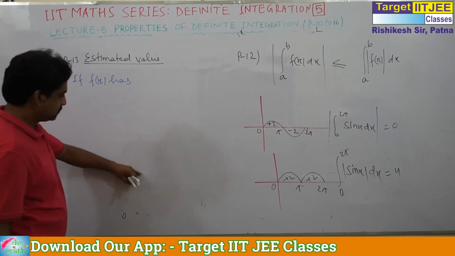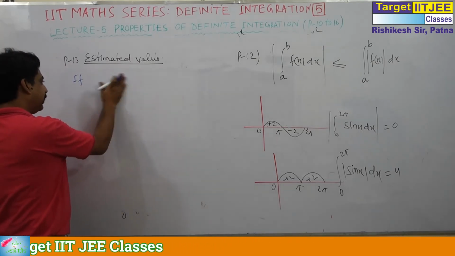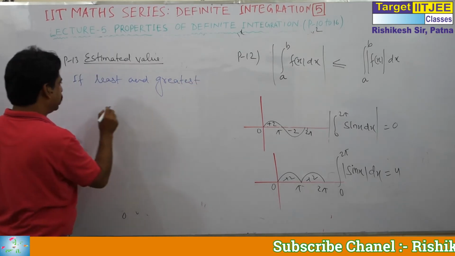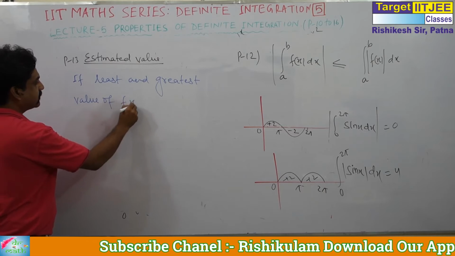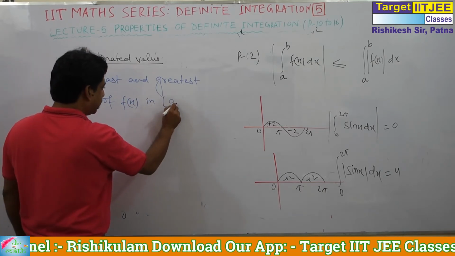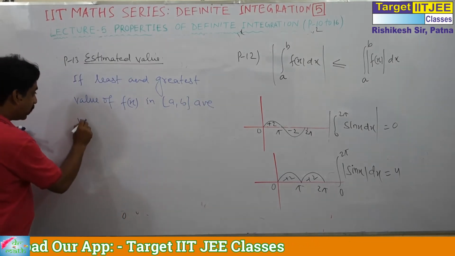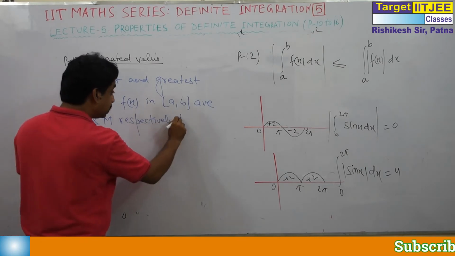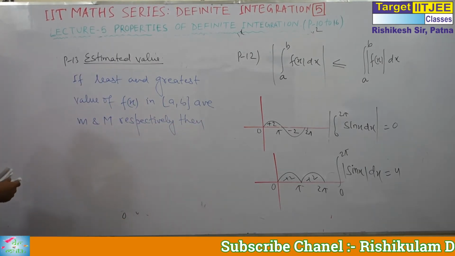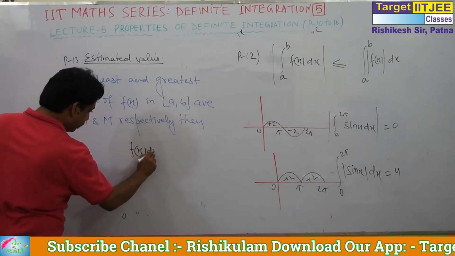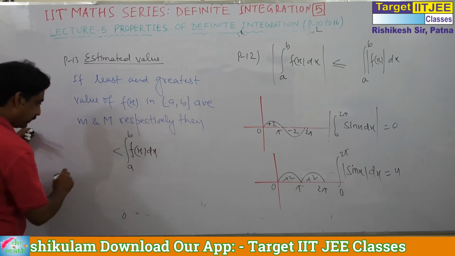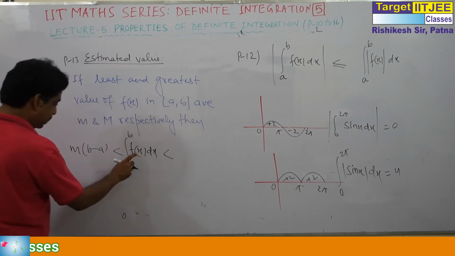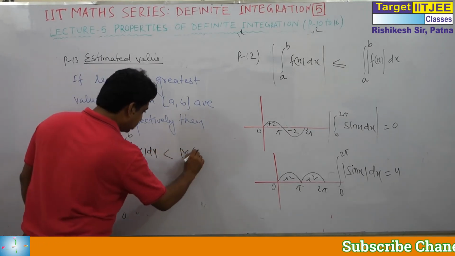If f(x) has least and greatest value in the closed interval [a, b], small m and capital M respectively, then the integral of f(x) from a to b is greater than m times (b minus a), the least value times the difference of the limits, and this is less than M times (b minus a).